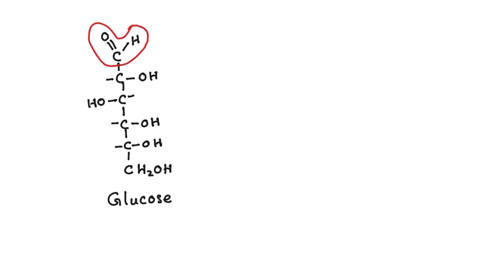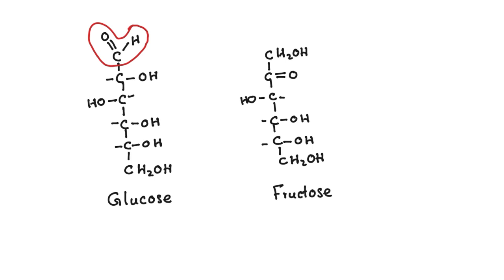If we take the structure of fructose, again that is a 6-carbon compound. This fructose has this C double bond O keto functional group. Because of the presence of these free aldehyde and keto groups, they can act as reducing sugars.